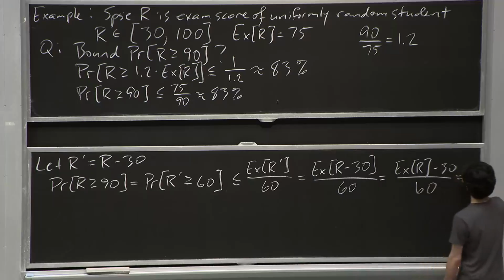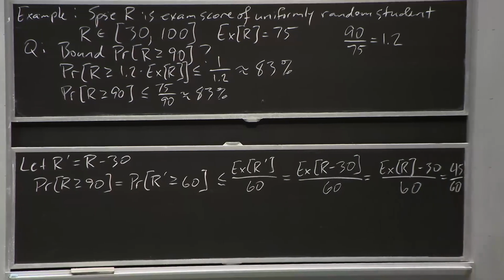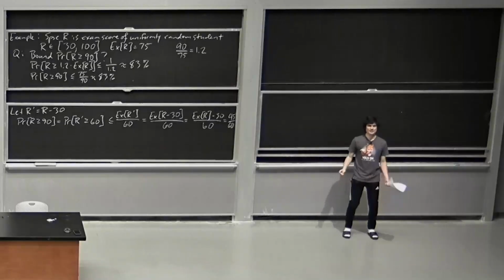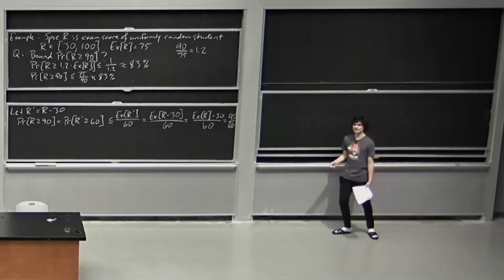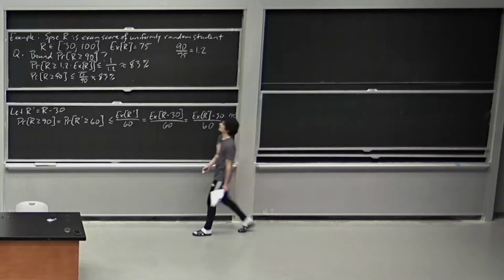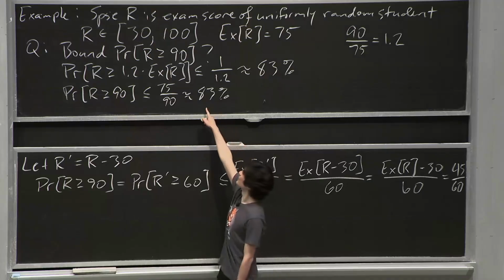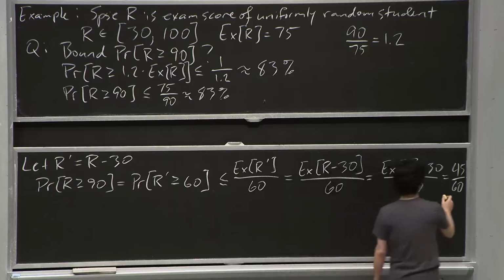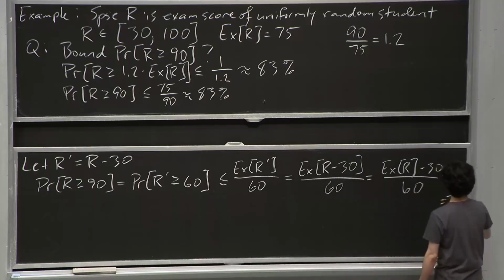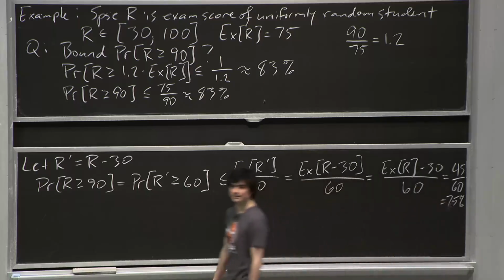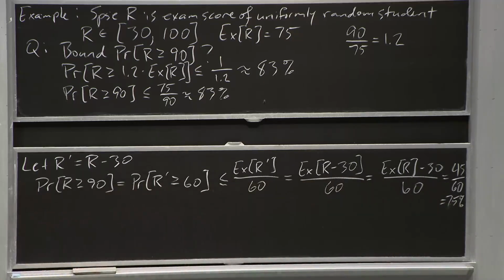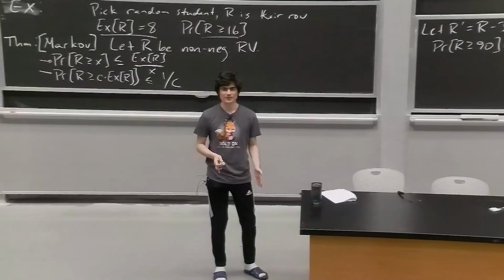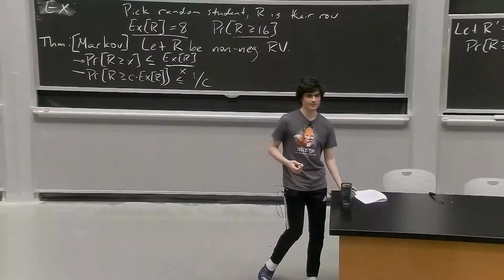So this is 45 over 60. Does that make sense to everybody? So now, instead of the bound of at most 83%, we've got a better bound: it's at most 75%. So by shifting our random variable, we've managed to get a tighter bound.